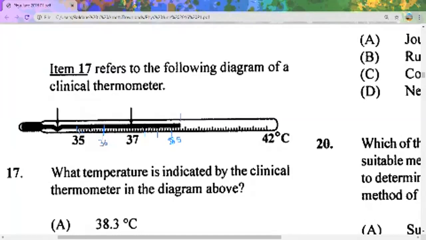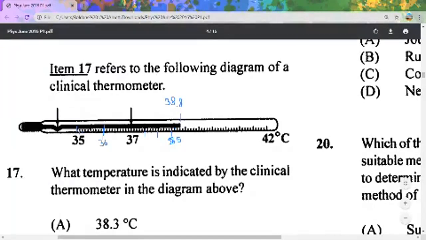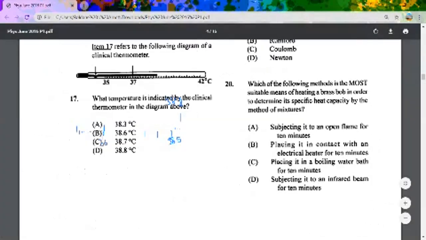Hopefully that's it. Right here is 0.8. Let me just put 0.8. Yeah, so it's 38.8. Let's hope that's one of the options. I believe it is. It must be. Yes, it is. So the answer is D. The answer is D.